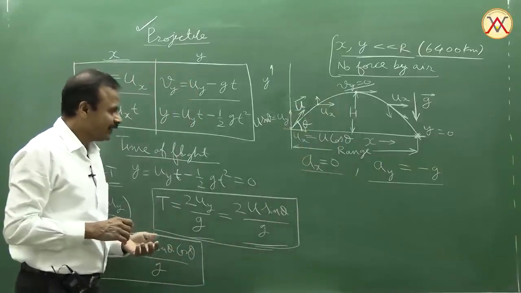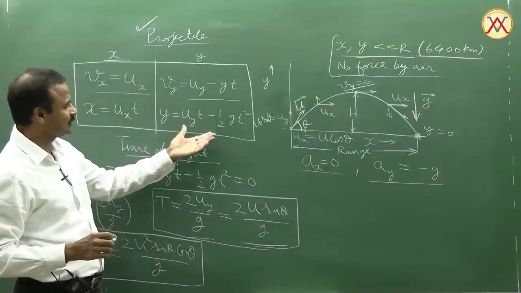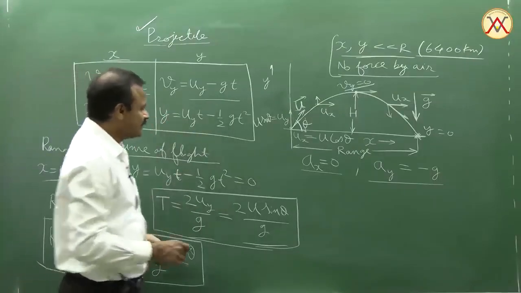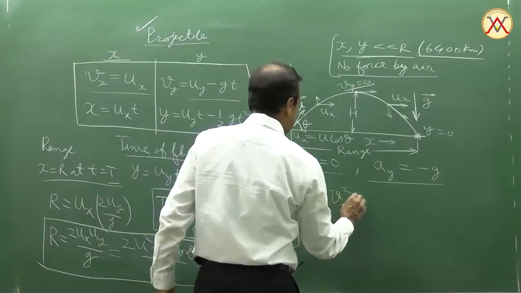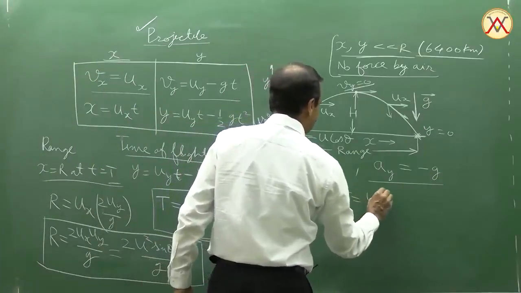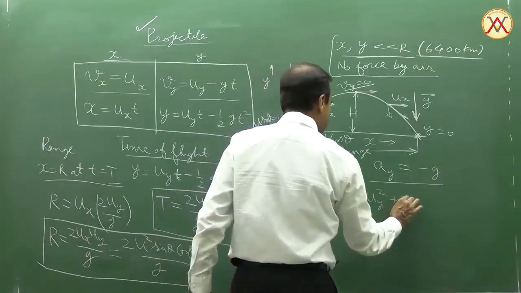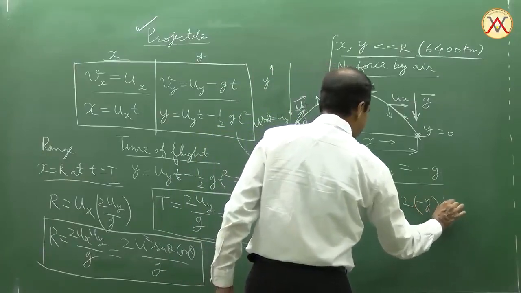We can find it very easily by using the third equation of motion. I have written the first two equations here in y direction. I can also write the third equation of motion as Vy squared equal to Uy squared plus 2 times acceleration, which is minus g, and the displacement is y.